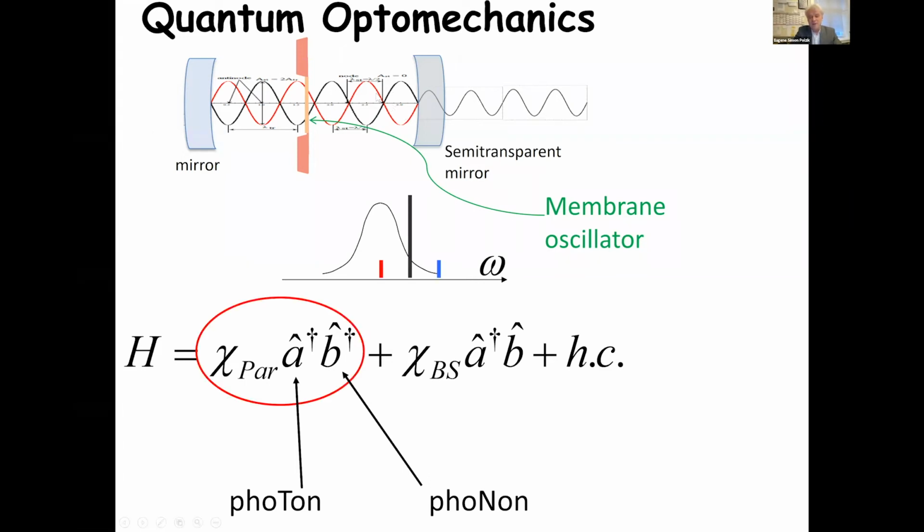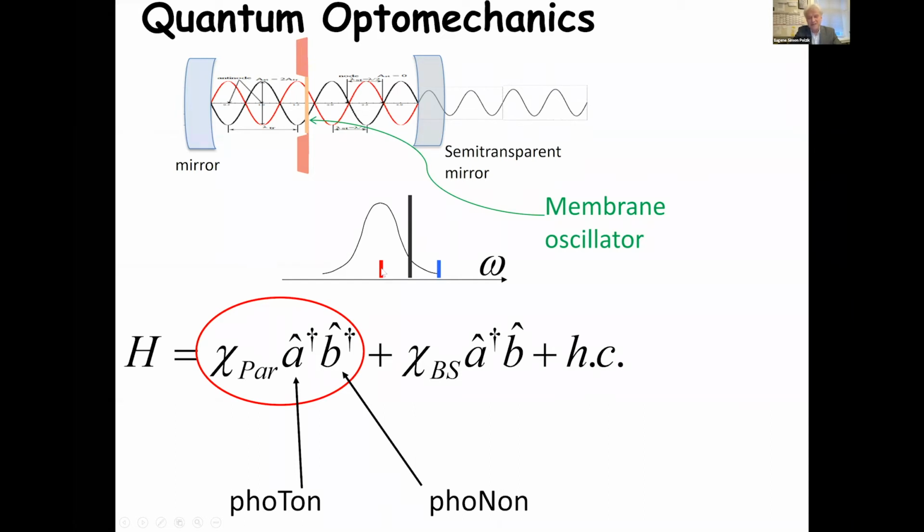Now, depending on how I tune the input frequency with respect to the resonance of this resonator, I can choose whether I make the lower sideband of this light happy or the upper sideband.